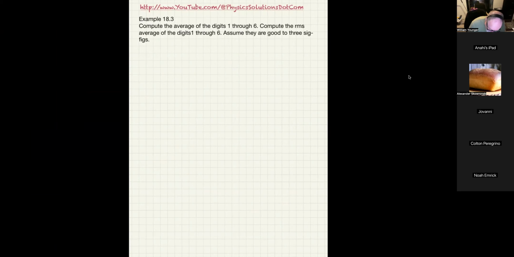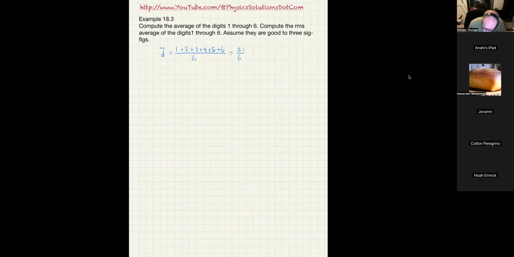So I'm going to say d bar is 1 plus 2 plus 3 plus 4 plus 5 plus 6. Now that's 6 different numbers, so I have to divide it by 6 to get the average. And 1 plus 2 is 3, plus 3 is 6, plus 4 is 10, plus 5 is 15, plus 6 is 21.